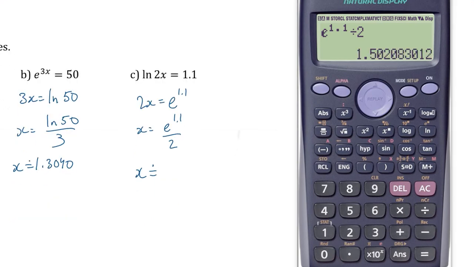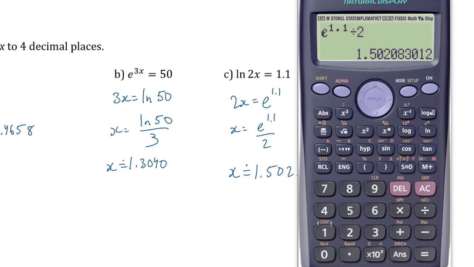And that looks like 1.5021, rounded up to a 1. All right, so there's a few simple logarithmic and exponential equations that we solved by rewriting.